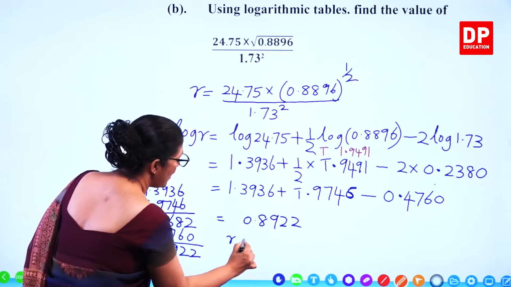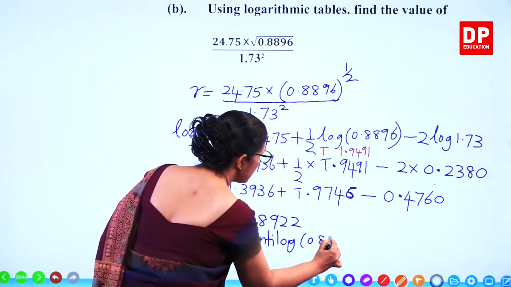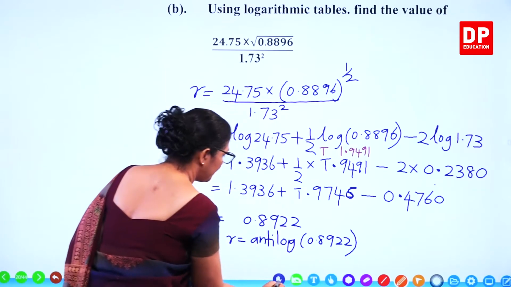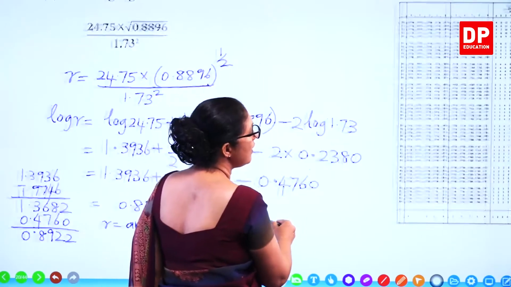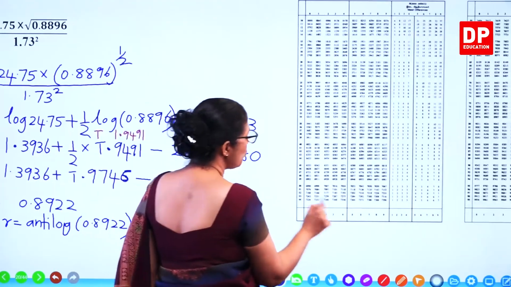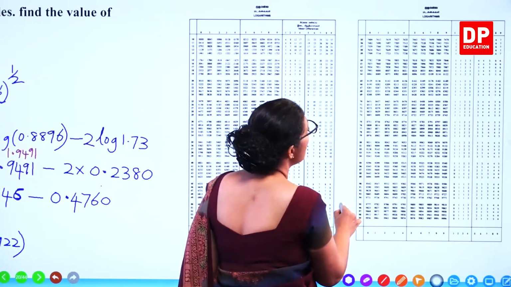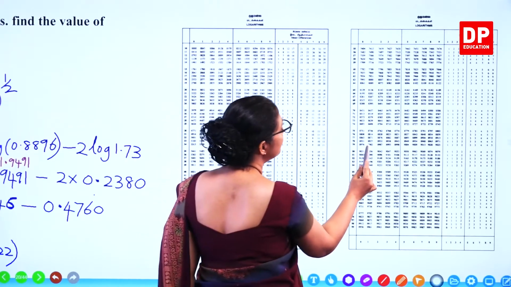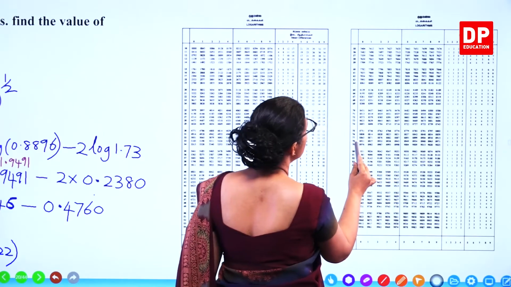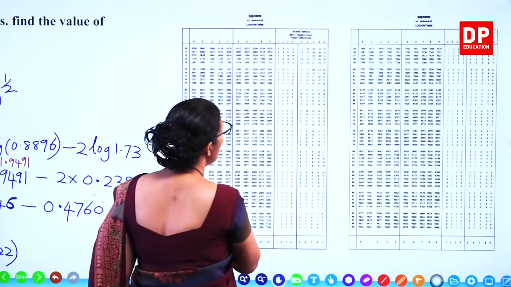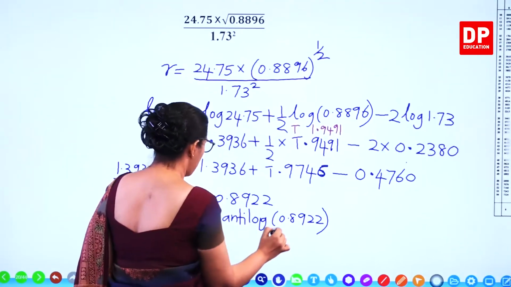So to find out the value, you have to take antilog value of 0.8922. Now refer the table, antilog value 8922. 89. 2, 1 is there. 2, 2 means another 1. 78, 1. 0, 1. 78, 0, 1.